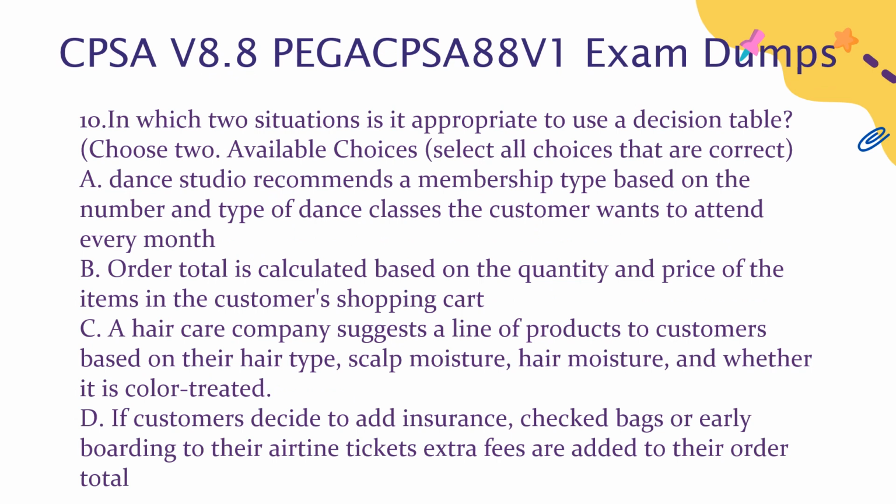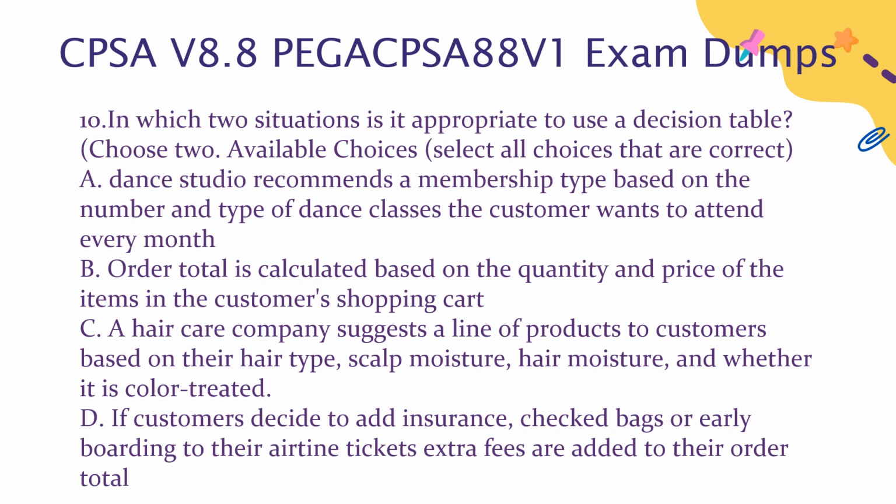10. In which two situations is it appropriate to use a decision table? Choose two. Available choices. Select all choices that are correct. A. A dance studio recommends a membership type based on the number and type of dance classes the customer wants to attend every month. B. Order total is calculated based on the quantity and price of the items in the customer's shopping cart.